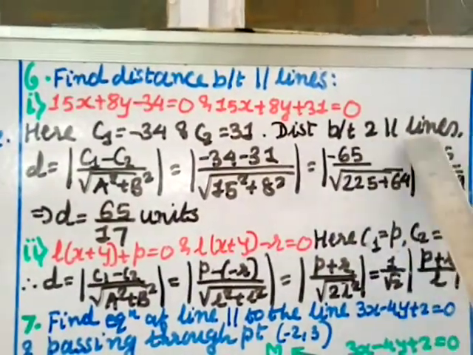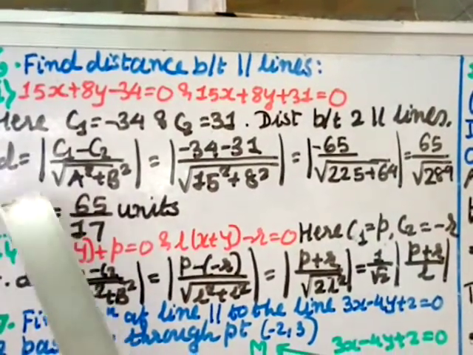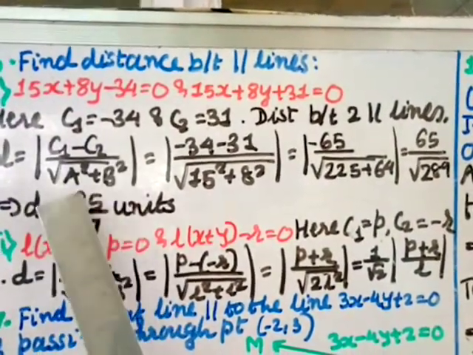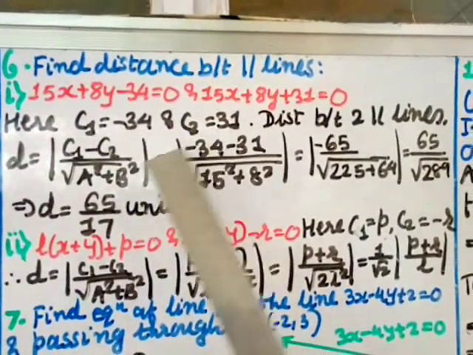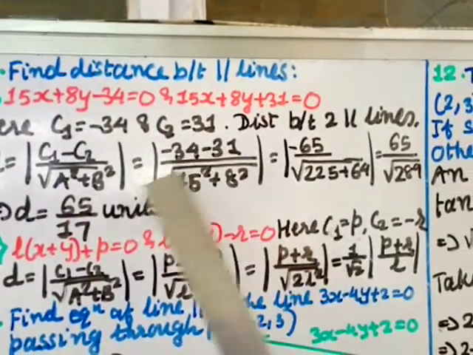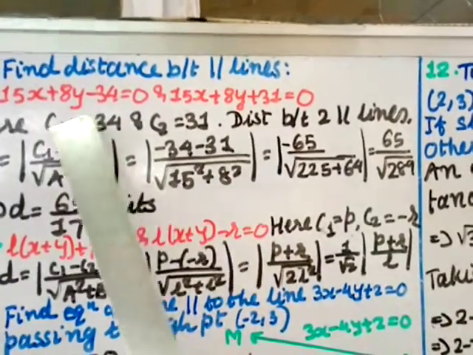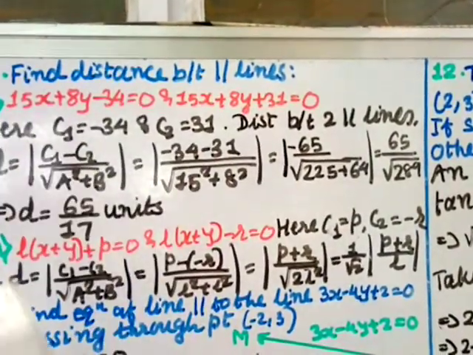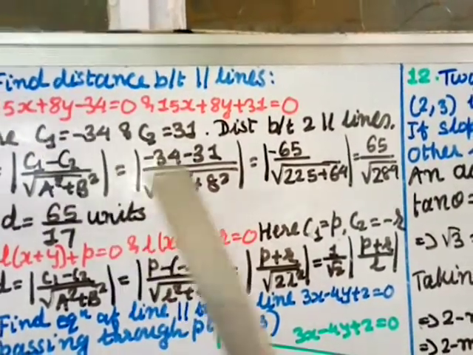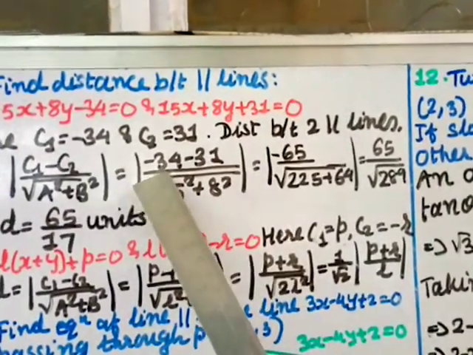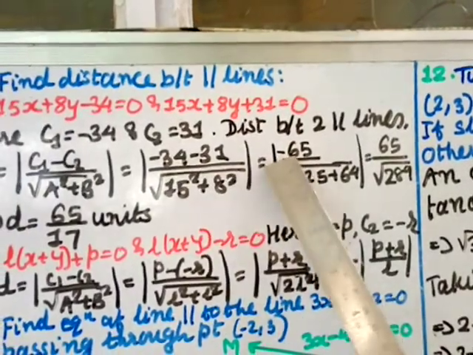Now the distance between two parallel lines is given as d is equal to modulus of C1 minus C2 divided by square root of a square plus b square. Put the values, C1 is minus 34, C2 is 31. So minus 34 minus 31 divided by the square root of a square plus b square. A and B are the same for both equations because they are parallel. So a is 15, so under the square root 15 square plus 8 square. Minus 34 minus 31 gives you minus 65.